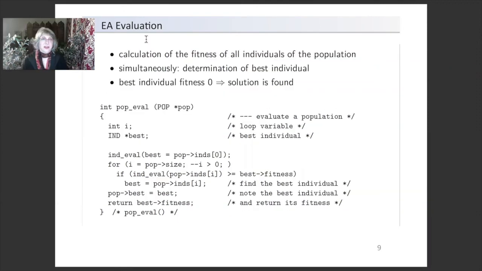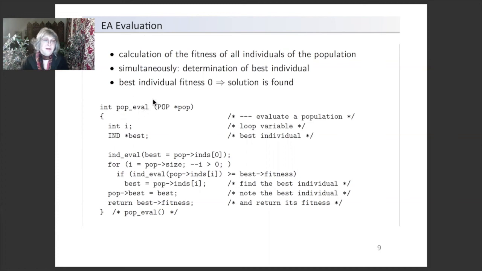In the population, we have several individuals, so we have to calculate the fitness of all individuals of the population. Meanwhile, we are going to determine the best individual. Notice that best individual fitness being 0 means that a solution is found.